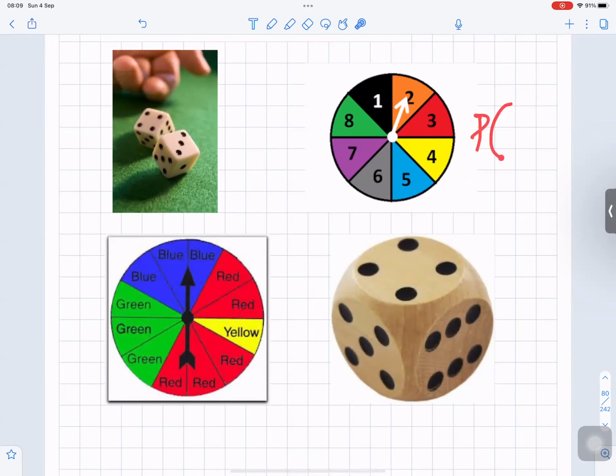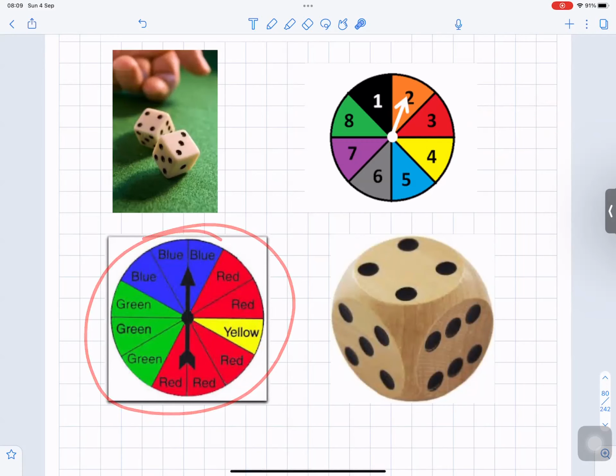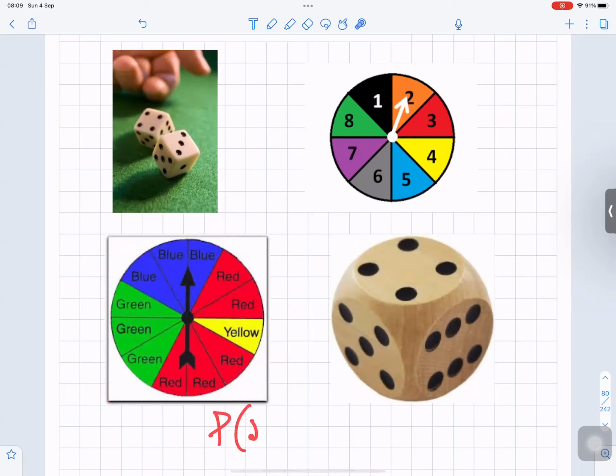Or probability of it landing on an even number. For this spinner, probability of it landing on red. There's 1, 2, 3, 4, 5 red. So that gives you the event, a collection of one or more outcomes.